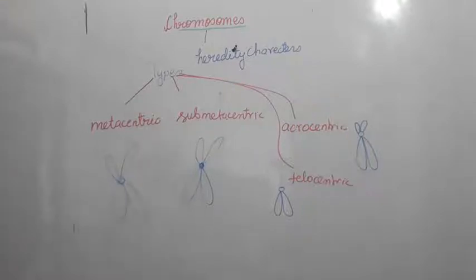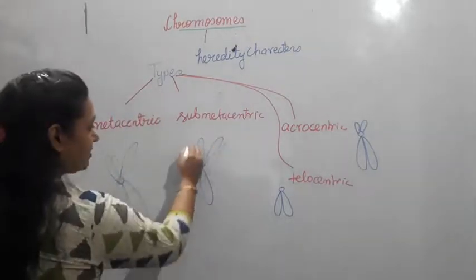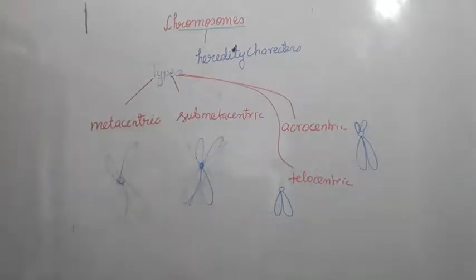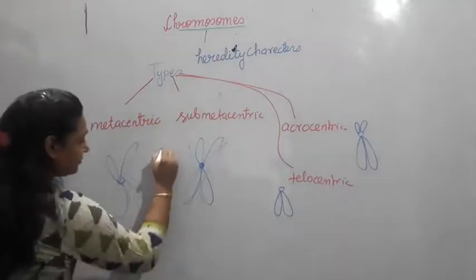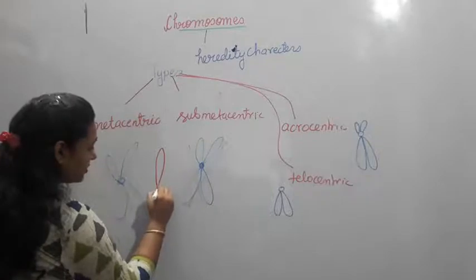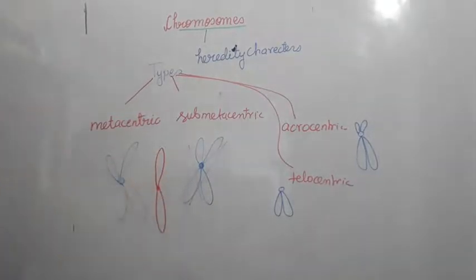Alright. So now when you see the chromosome structure, you will find it has two arms actually. So this is one arm of it and this is the other arm of it. If I draw these arms, you can see that, okay, so this is the centromere and these two are the arms of the chromosome.